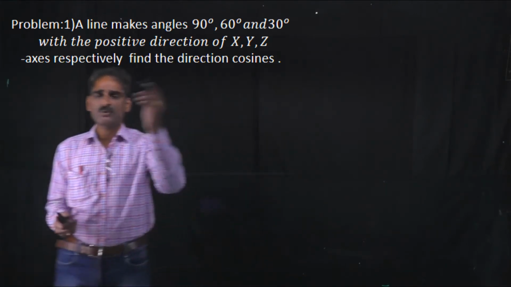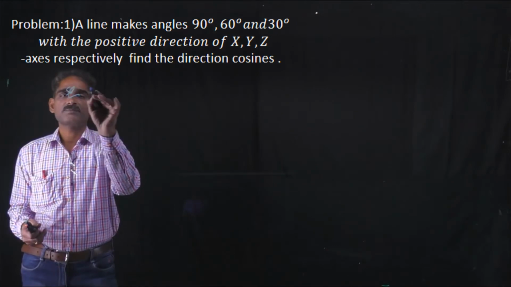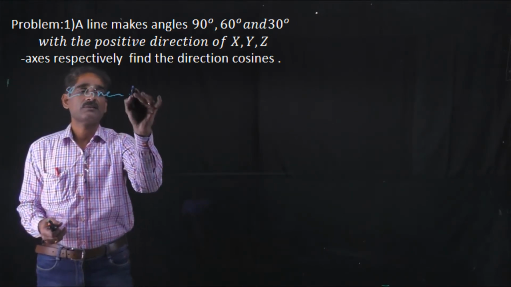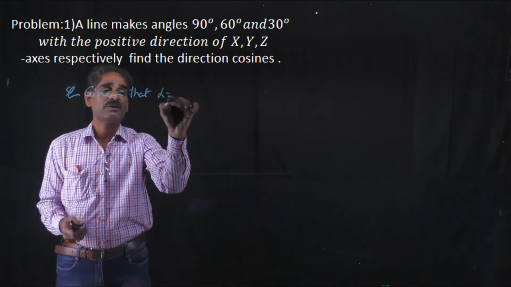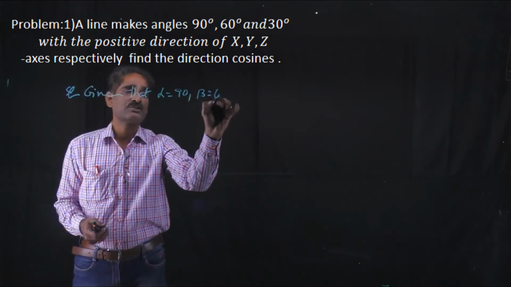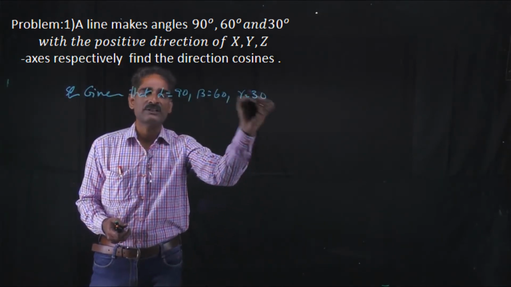Okay, so suppose here given that alpha is equal to 90, beta equal to 60 and gamma is equal to 30 degrees.